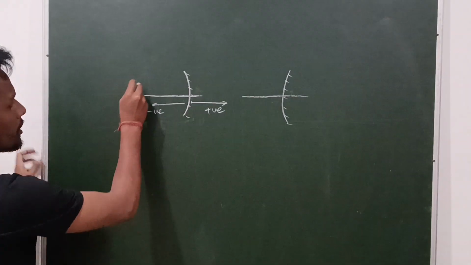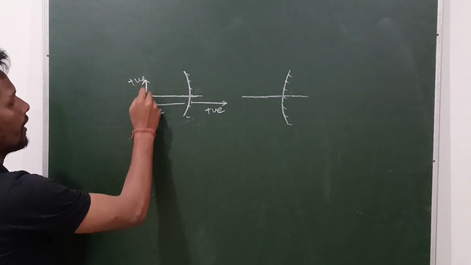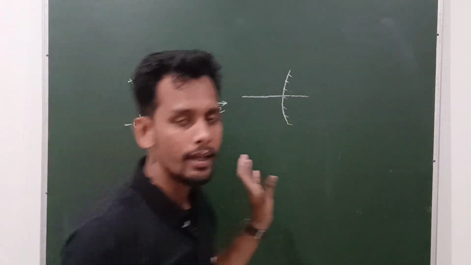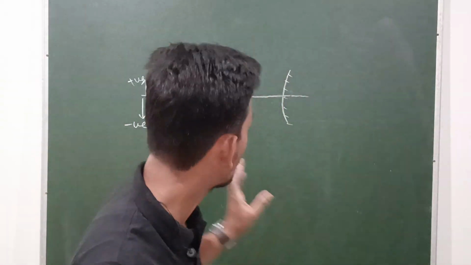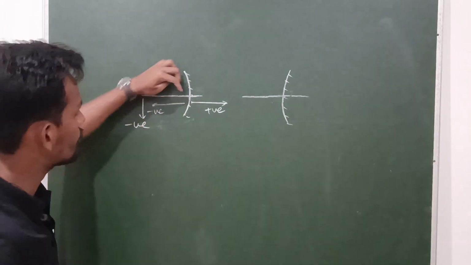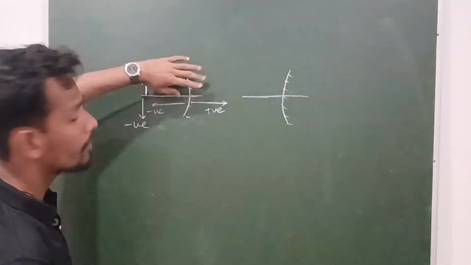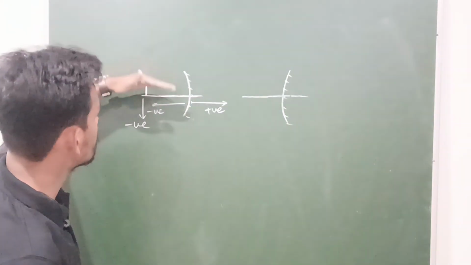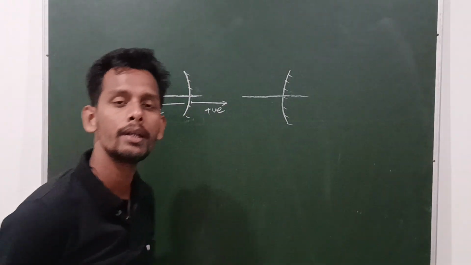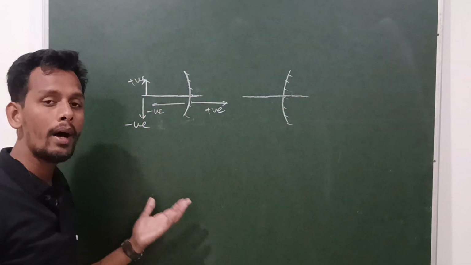The distance upwards is always positive and downwards is always negative. It is same as the Cartesian plane, as in coordinate geometry. So distance towards left is negative, distance towards right is positive from the mirror, and distance upward from the principal axis is positive, distance downward from the principal axis is negative. Clear?